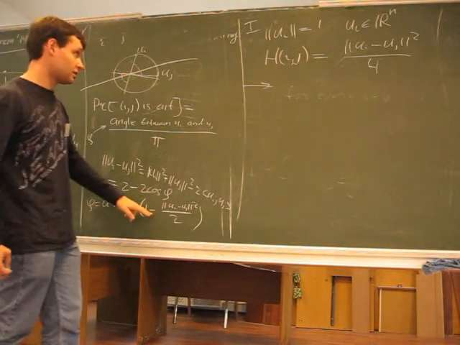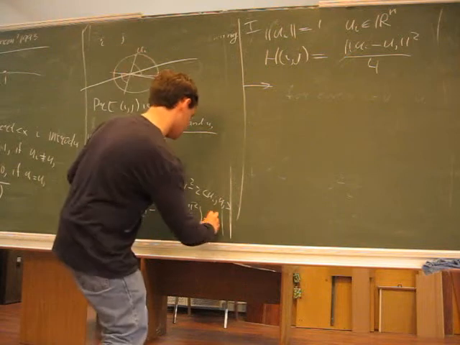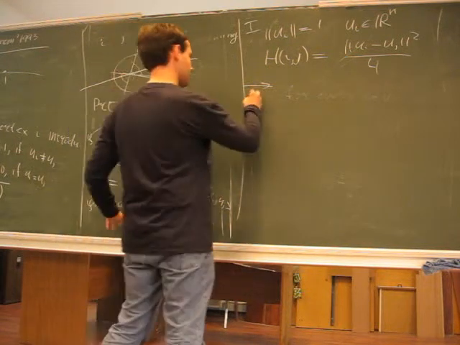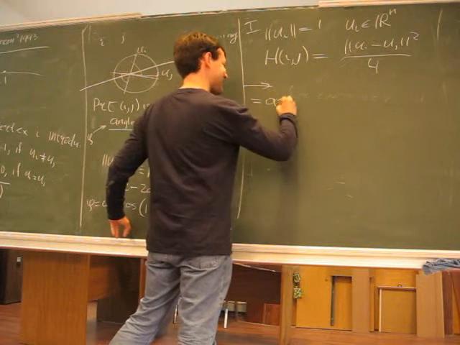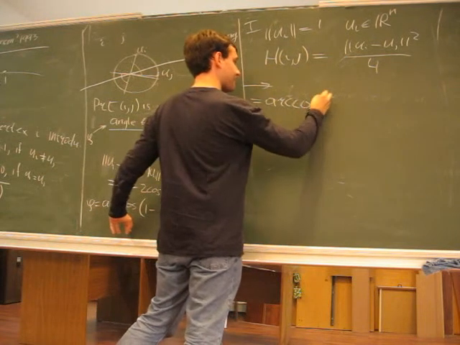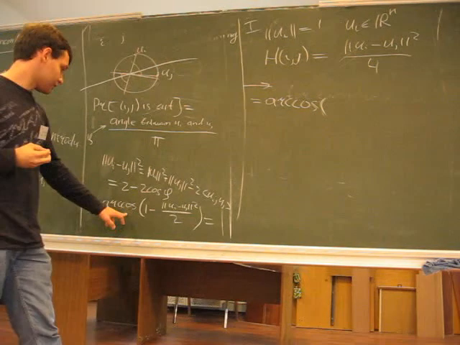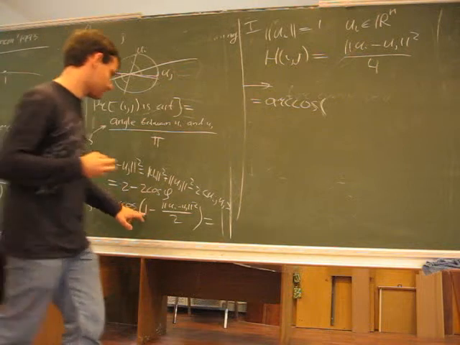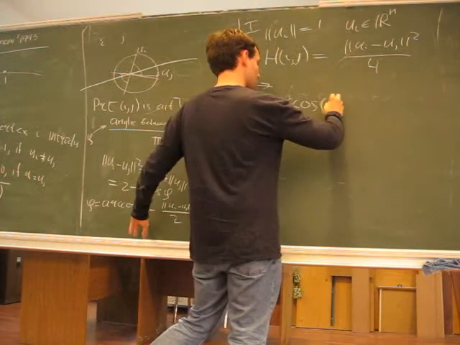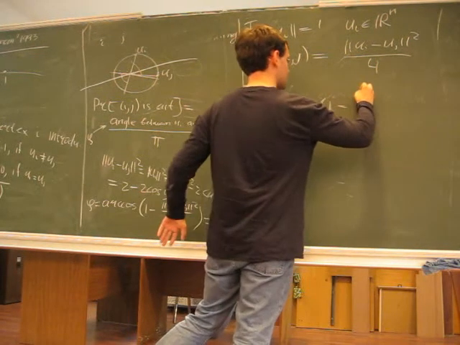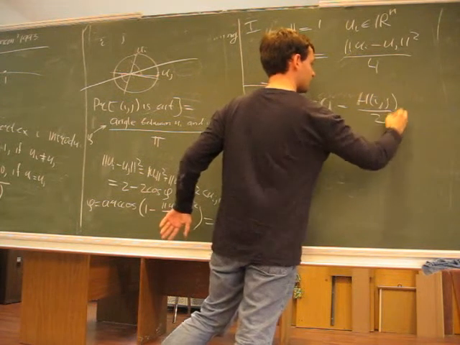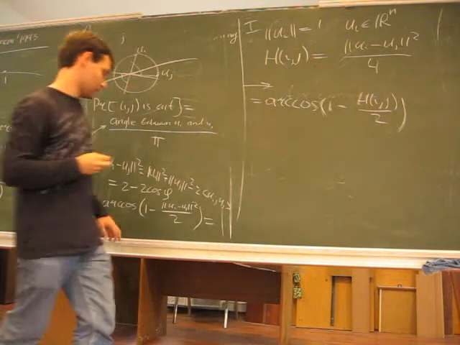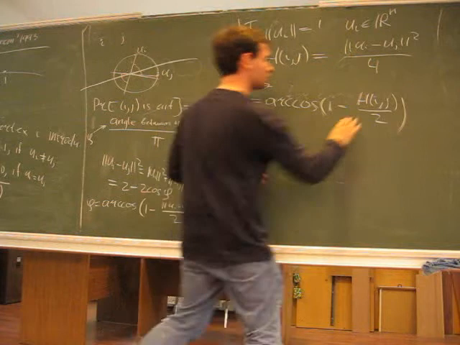So we can say that this value phi is equal to arc cosine of 1 minus H_ij over 2, over 2 times H_ij.